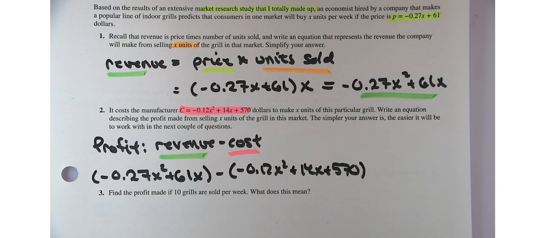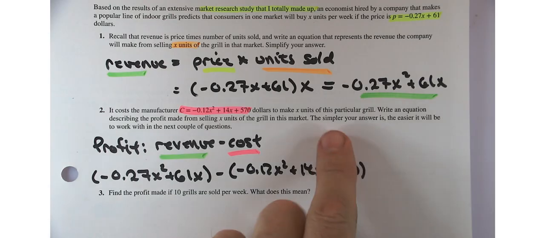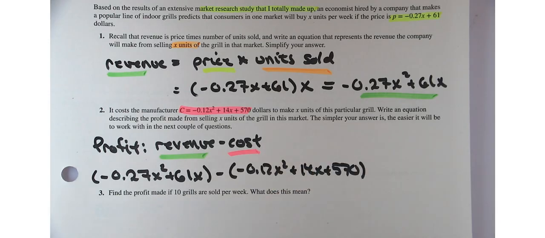So let's see. Is there a way that we can clean this up a little bit? Well, it does ask you to simplify your answer. The simpler your answer would be, the better it'll be for the next couple of questions. So let's try and make our work easier for the next few questions. How can I clean this up a little bit?